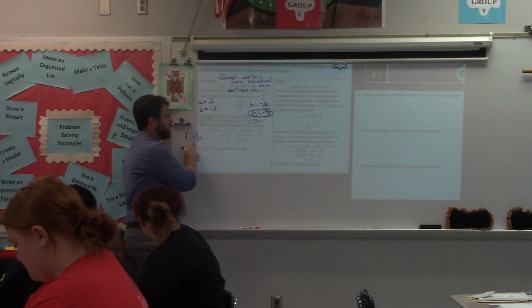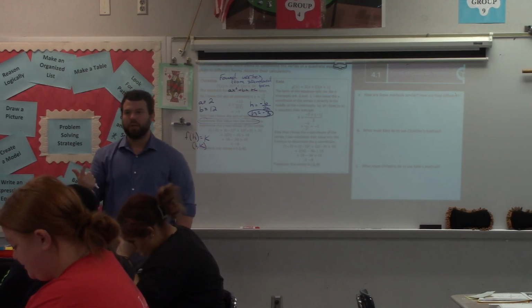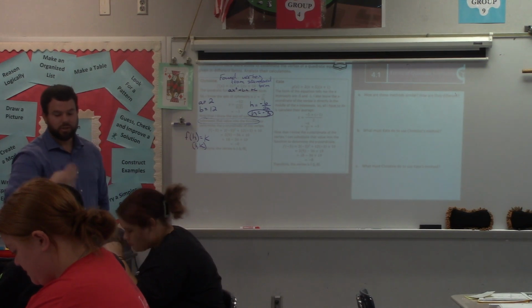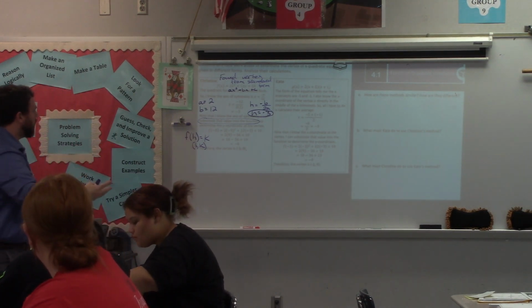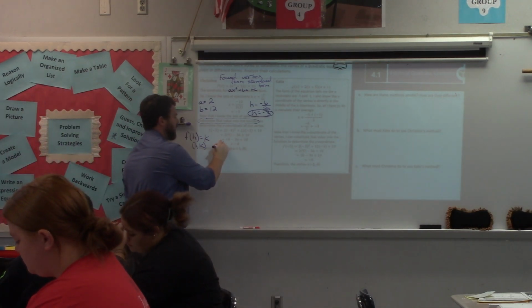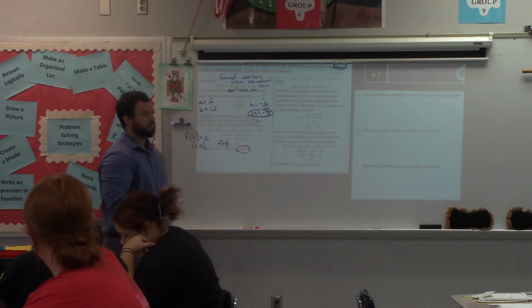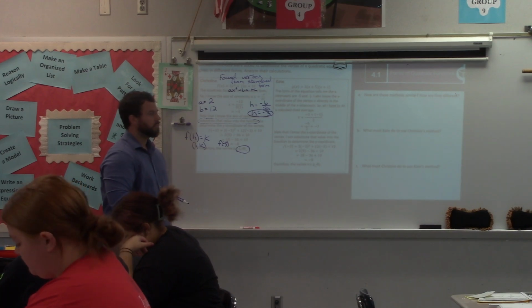An input of h gives me an output of k, right? Remember, that's a point. An input of h gives me an output of k. So she substituted her h in, and when she did that, she got a k out. F of negative 3 equals negative 8. And so there's her vertex. Okay?